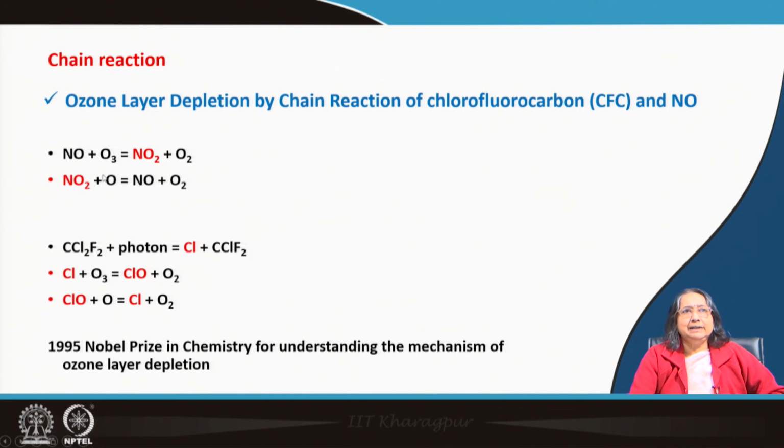So, you see the intermediate, you have to find out something, that intermediate is not there in the final reaction, but it can go on as a chain reaction, and finally, you see ozone is decomposed to oxygen. So, this is the man-made activity that is going on.